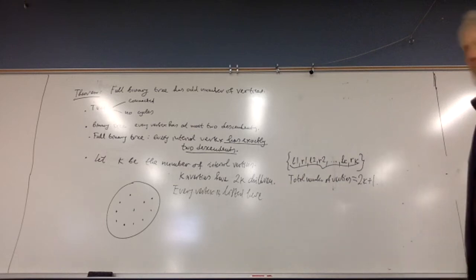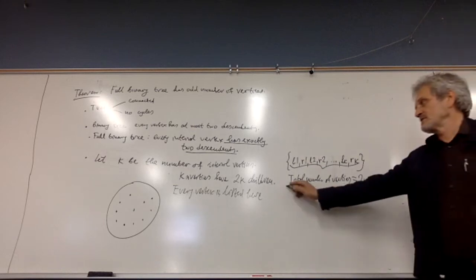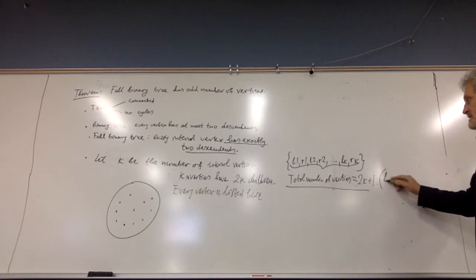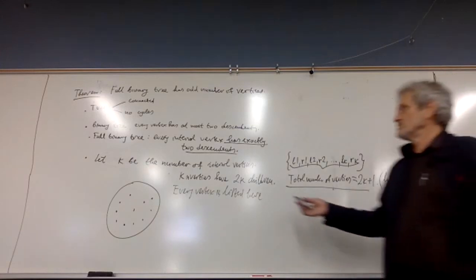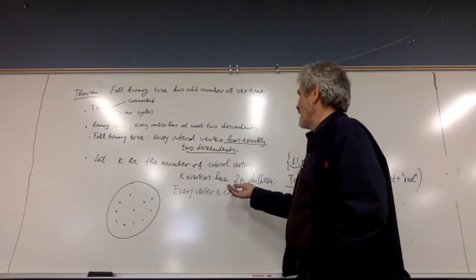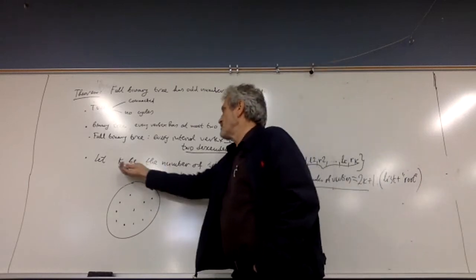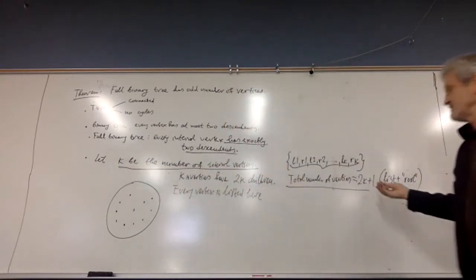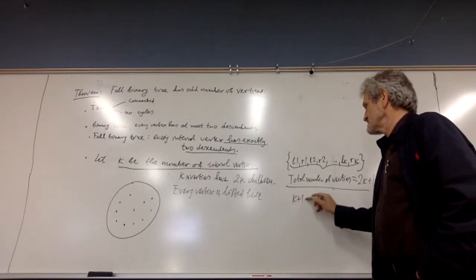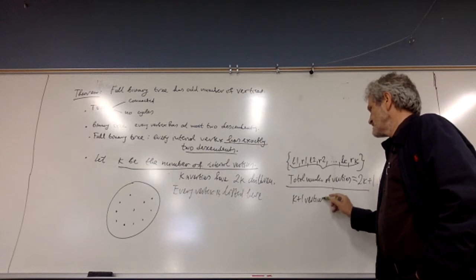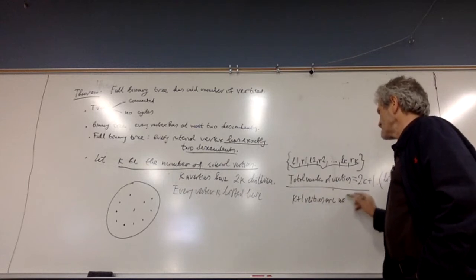So what can we conclude from there? The total number is the list plus the root. We let K be the number of internal vertices, and since the total is 2K plus 1, K plus 1 vertices are not internal.